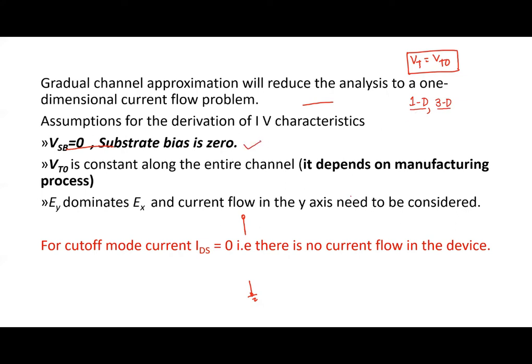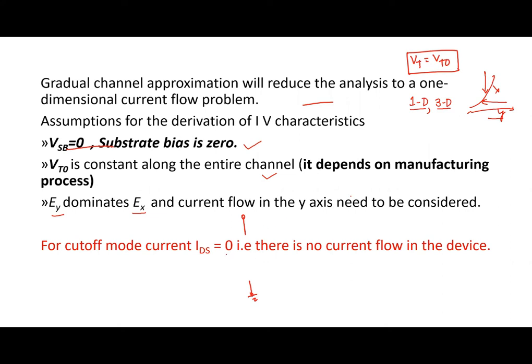The assumption is VT naught is constant and EY dominates EX. That means there are two electric fields, one in this direction, one in this direction. Y dominates X, otherwise electrons will move towards the gate. They are moving from source and going towards the drain end.